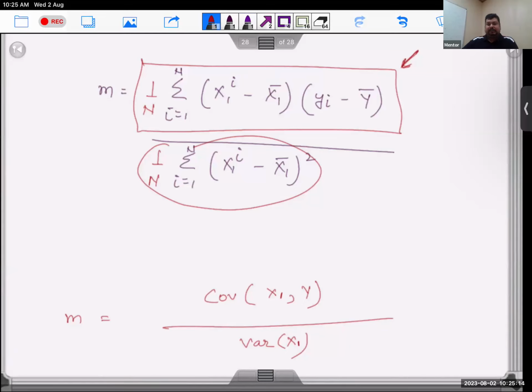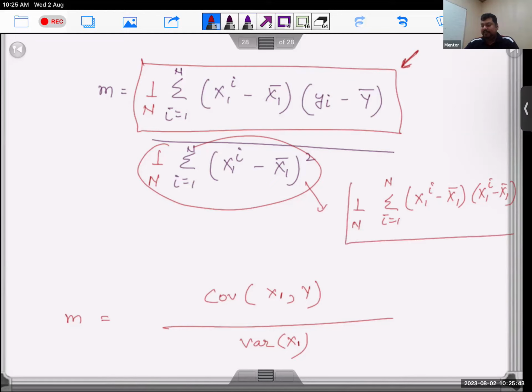Now you need to know one thing. Covariance is nothing but computing the variance with itself. Look at what variance is. Can I write this as 1 by n of summation of i equals 1 to n, (x1i minus x1 bar) times (x1i minus x1 bar)? Yes.